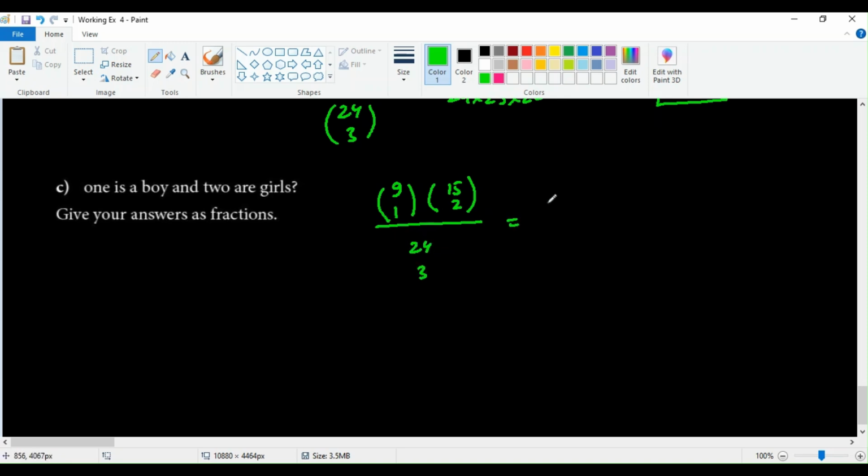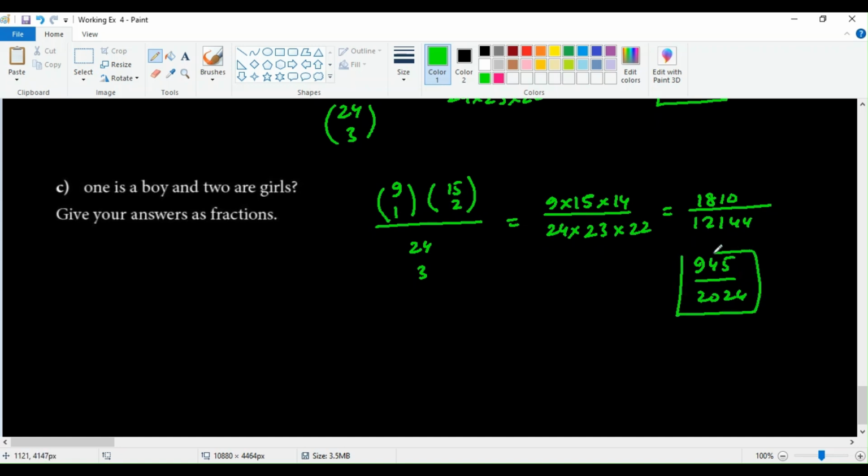Ultimately, the numerator gives us 9 times 15 times 14, and this one is going to give us 24, 23 and 22. So we know the denominator is going to be 12,144, and on top we will have 1890. Further simplification gives us 945 over 2024 as an answer for this part of the question. And that's how this exercise ends.